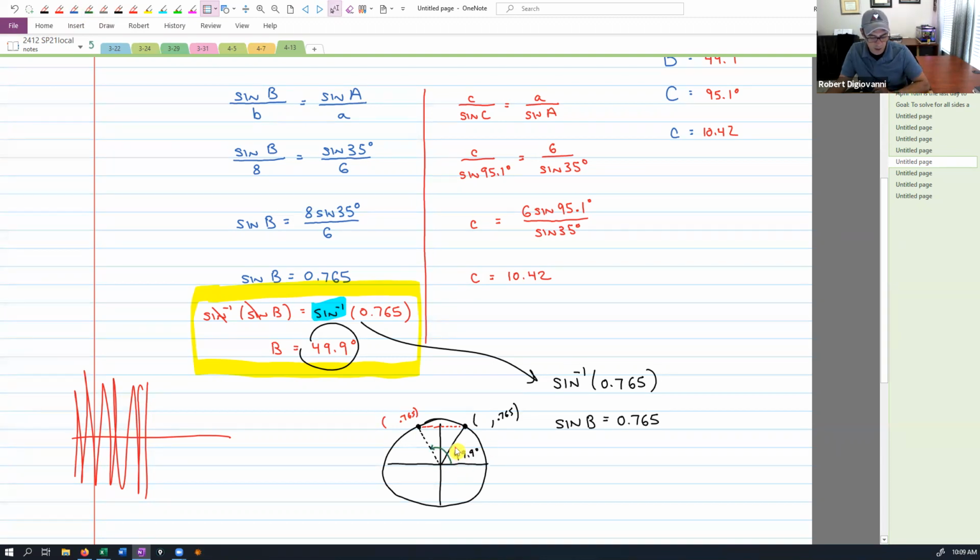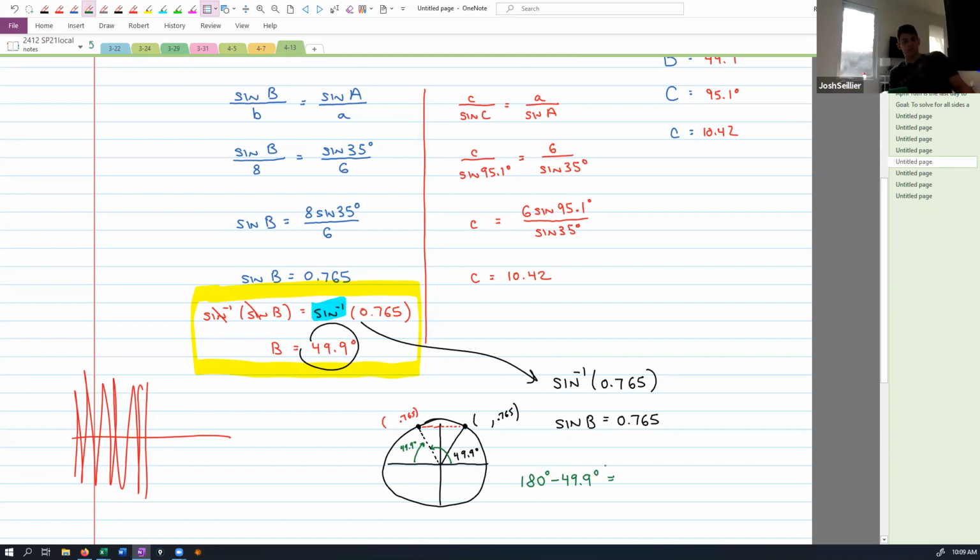If this is 49.9 from here to here, then from here to here would have to be 49.9. So take 180 and subtract 49.9 degrees, and what would you get? You get 130, pretty much what you had in that triangle. 130.1 degrees, right?